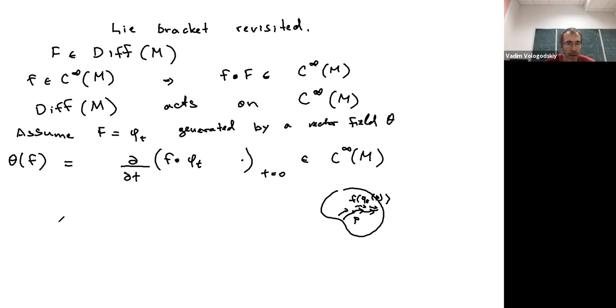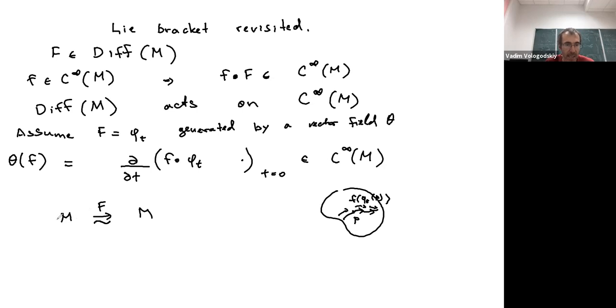If you have a diffeomorphism f from M to M, you can, if you wish, give a new name to the target, call it M prime, and think of this as just a way of renaming elements of M. A diffeomorphism is a smooth bijection such that its inverse is also smooth.